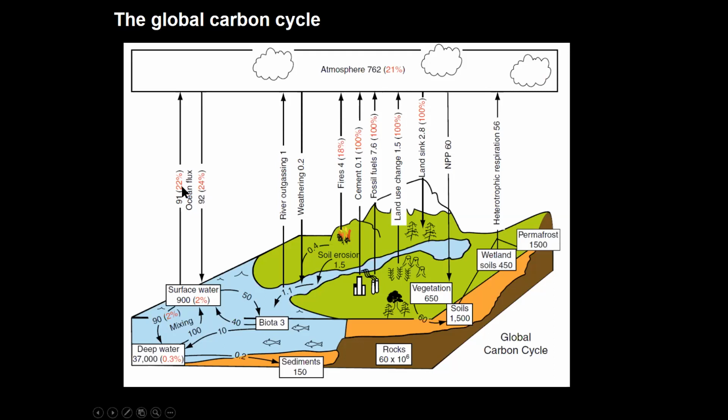This is the increase of these anthropogenic fluxes relative to what the fluxes were before the Industrial Revolution. So you can see that we have different sources contributing to increases of carbon dioxide that are influencing the maintenance of the balance of the carbon cycle.